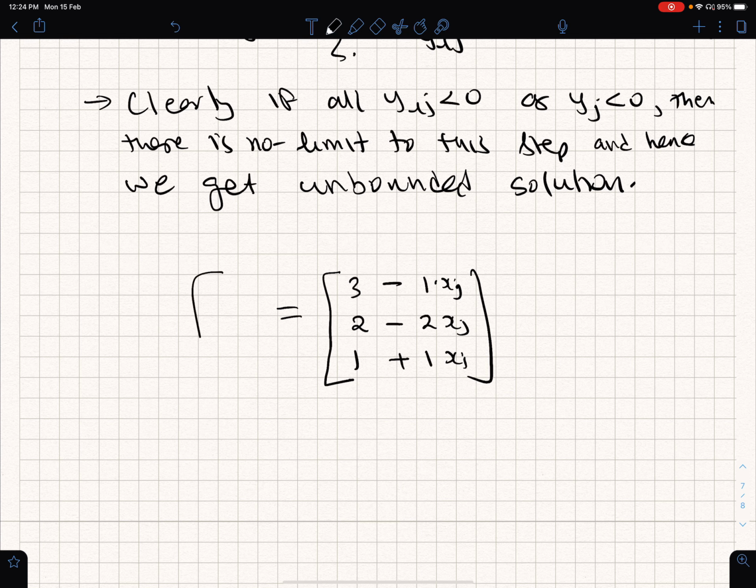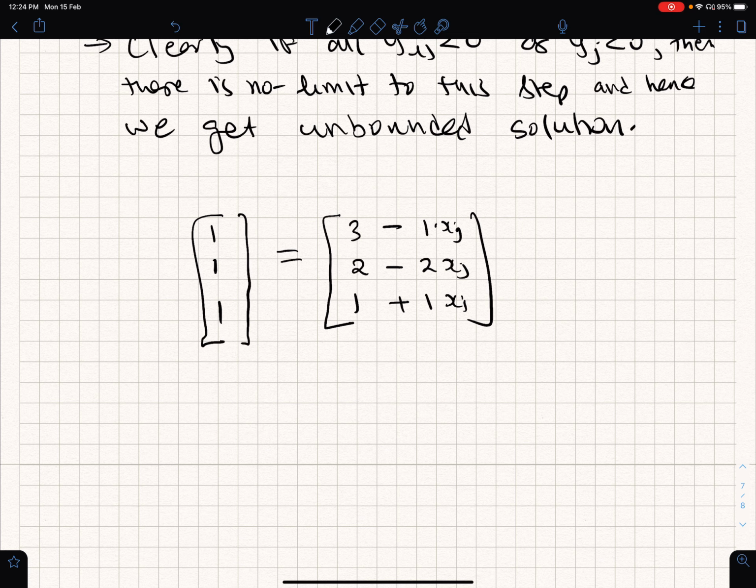And the b vector, for the sake of discussion, let me choose as 3, 2, 1. Or if you want something different, you can take, say, 1, 2, 1. So then what happens?